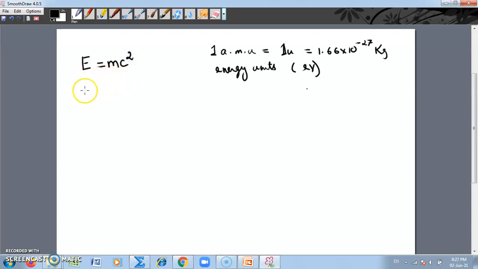So let's see how much this is when converted to energy. When I directly write it, it's 1.66 into 10 to the power minus 27, and c, we know what is c.